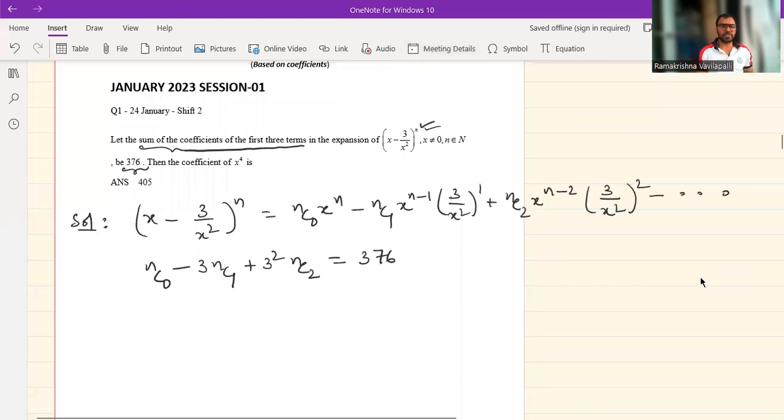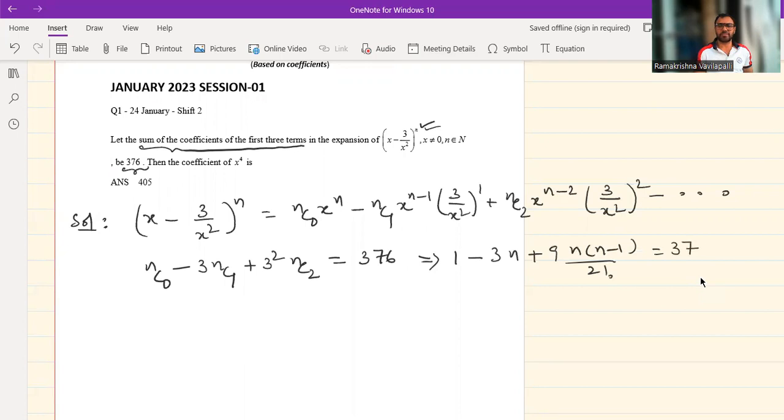So these are the coefficients. Now we need to solve for n first. nC0 is 1, minus nC1 is nothing but n, so 3n, plus 9 into nC2, which is n(n - 1)/2 factorial, equal to 376.